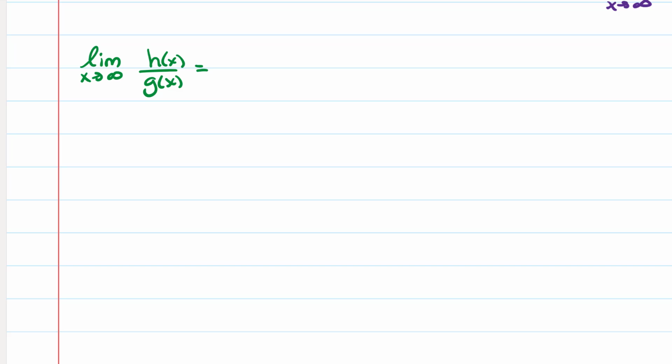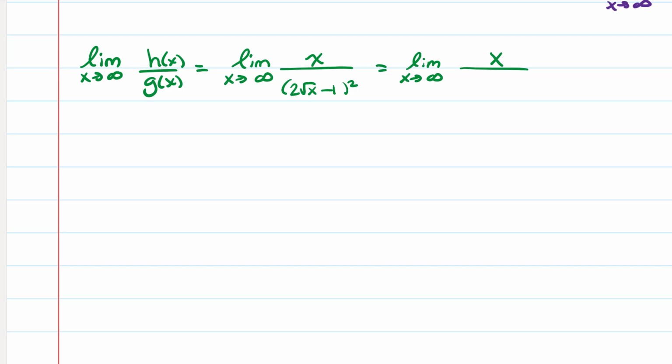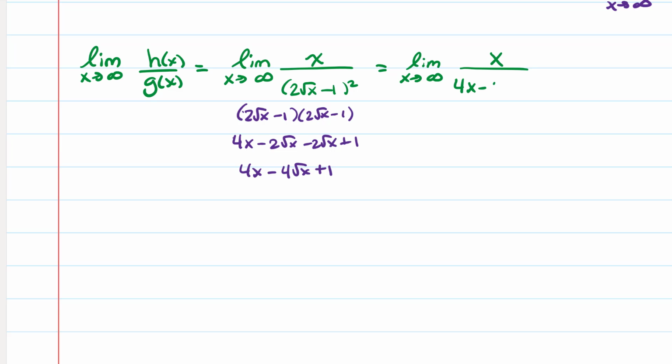So the next piece we need to find is the limit of h of x divided by g of x. That's that second piece we wanted to find. So this is the limit as x approaches infinity. h of x was x, divided by 2 square root of x minus 1 squared. So this is the limit as x approaches infinity of x, and then if we distribute the denominator out, we're going to get 4x minus 4 square root of x plus 1.